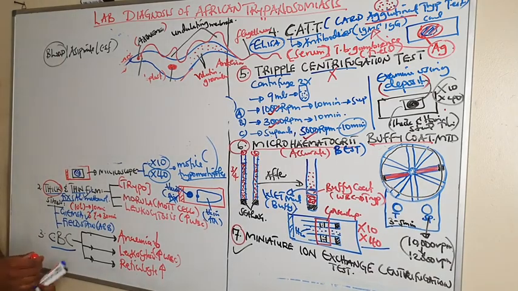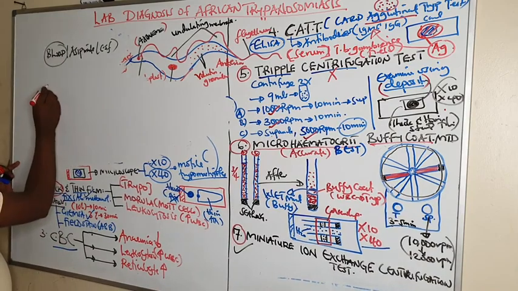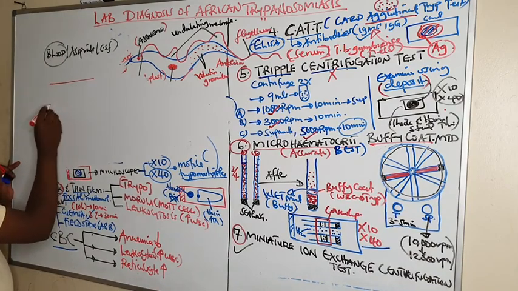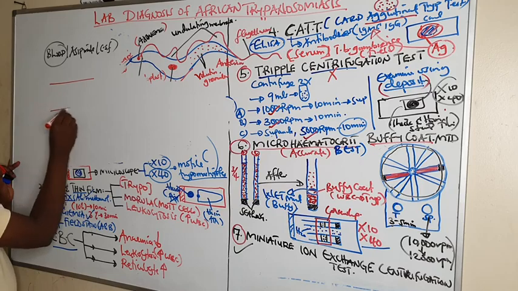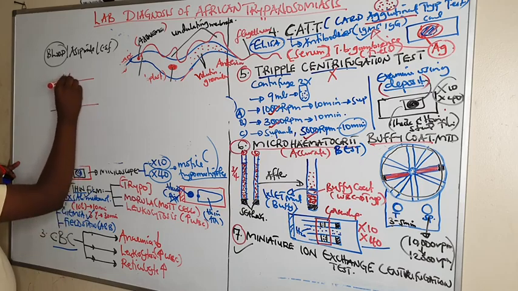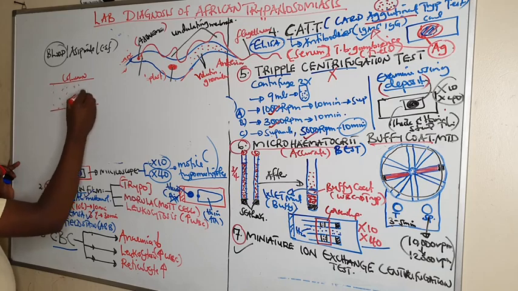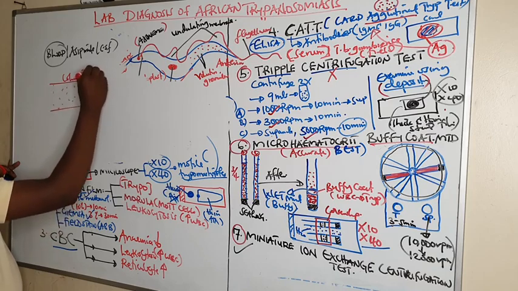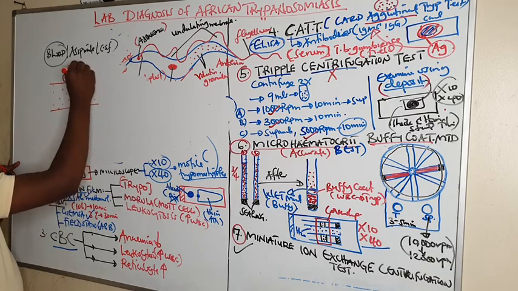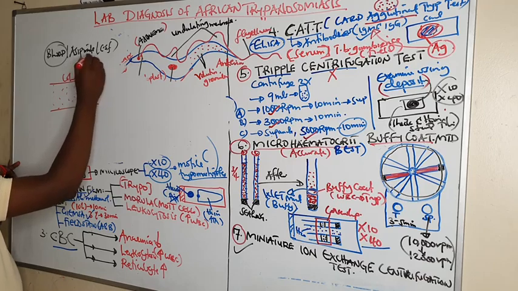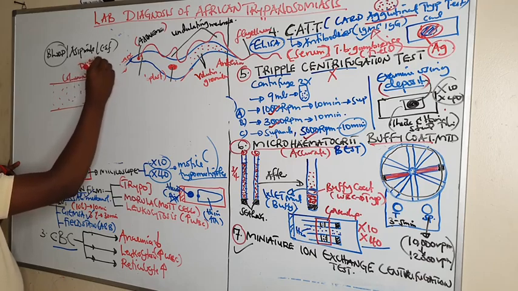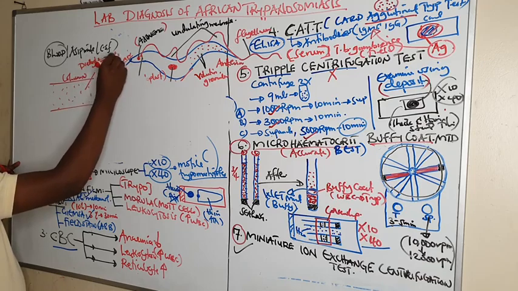So what happens, we use a thin layer, a column, and this column we are using contains what we call a cellulose, and the cellulose we use is diethylaminoethyl.